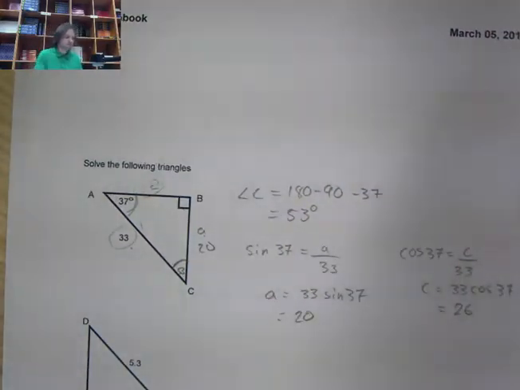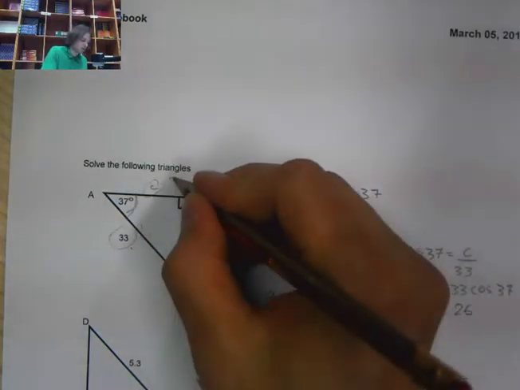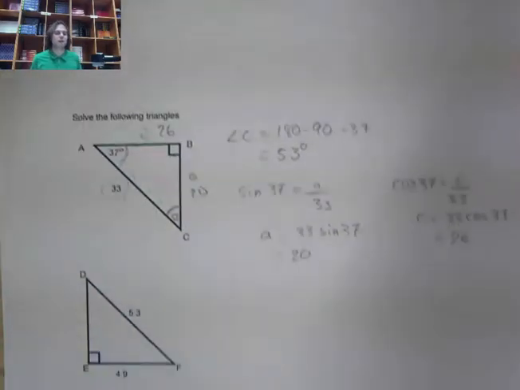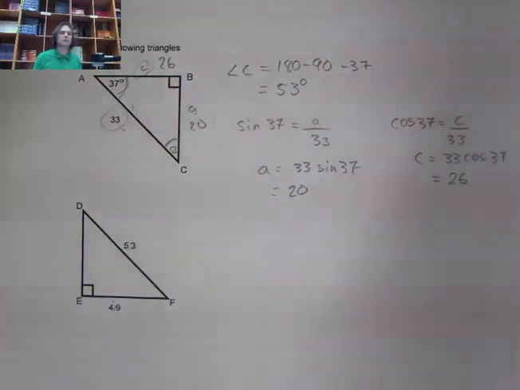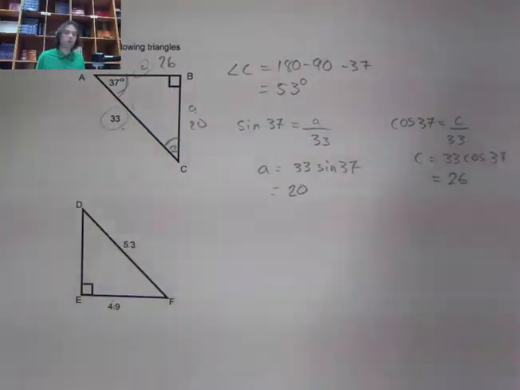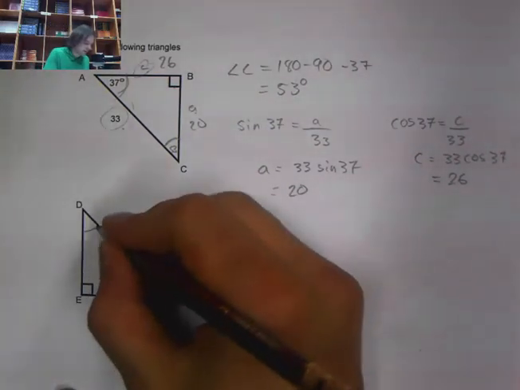Okay? So this is 26. Now let's do my very last triangle here. So let's look at the second one. Okay? We're given two sides, but none of the angles. So start off, if we know two sides, we could find one of the angles. So I'm going to start off with angle D. Okay?